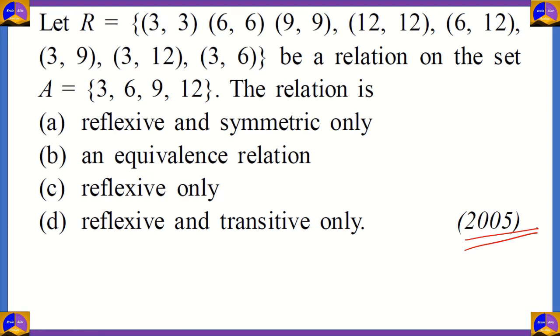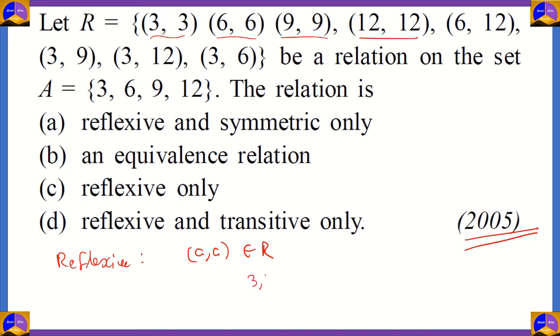So the given relation R is (3,3), (6,6), (9,9), (12,12), (6,12), (3,9), (3,12), and (3,6). In order to prove that a relation is reflexive, you need to prove that the element (a, a) belongs to R. For all values of a, that is 3, 6, 9, and 12, you have an element (a, a): (3,3), (6,6), (9,9), (12,12) are present in the relation.